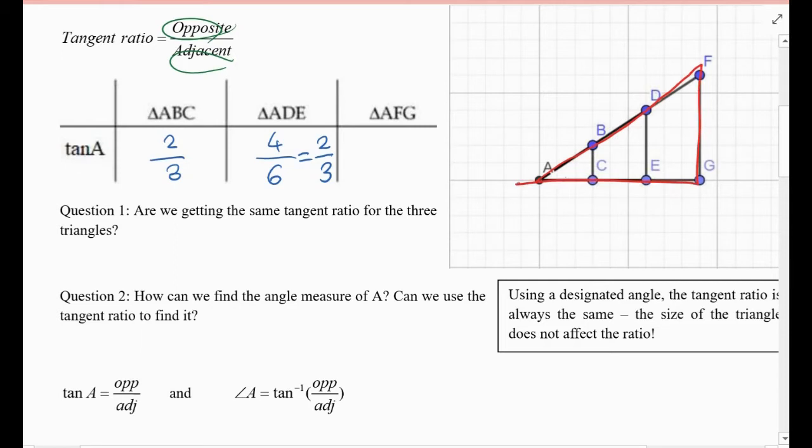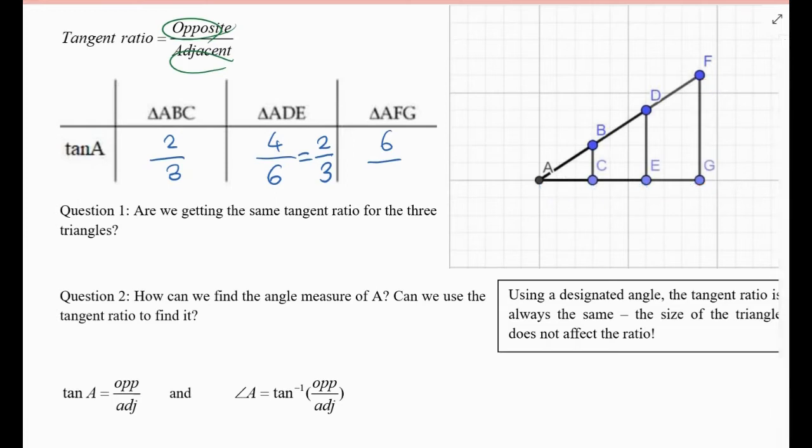Okay, let's try the last one, AFG. Can you guess? Do you think we get the same ratio or a different ratio? Let's try it. Opposite over adjacent. Opposite is 1, 2, 3, 4, 5, 6. Opposite is 6. And adjacent, 3, 6, 9.